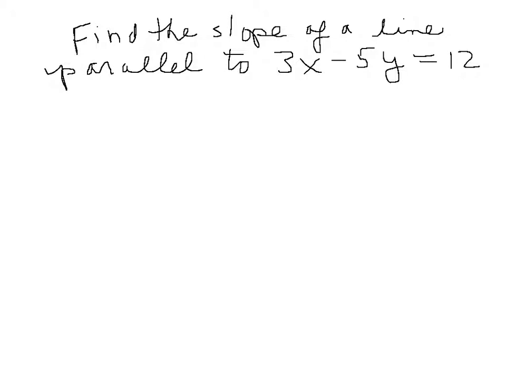So let's look at this example. What we're looking for is the slope of any line which is parallel to 3x minus 5y equals 12. So what we really need to know is what is the slope of this line, and the way we do that is put it into slope-intercept form. So the first thing we'll do is subtract 3x and then divide by negative 5 equals y.